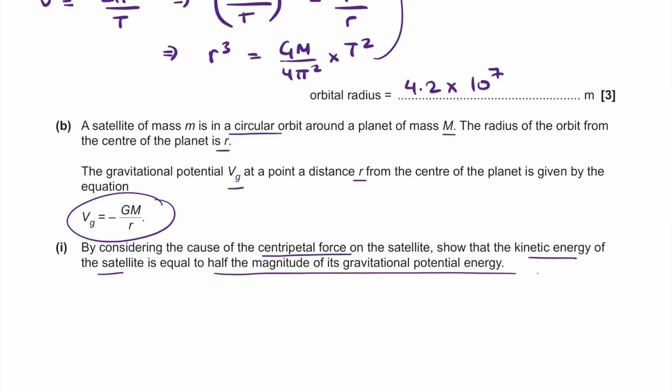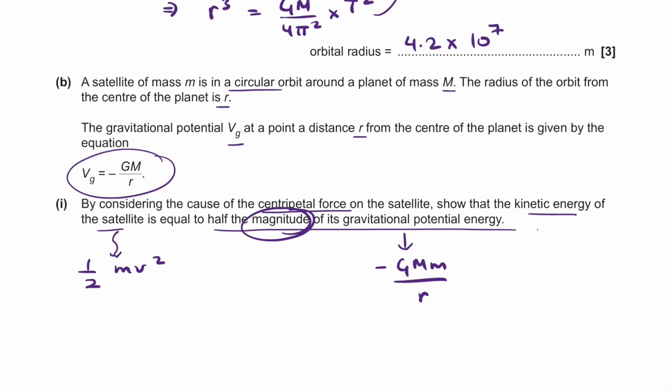So we know that gravitational potential energy is minus GMm over r. Now we can ignore the negative sign because it's just talking about the magnitude only. And we know that kinetic energy, generally speaking, is half mv squared. Now, v squared is GM over r, which is obtained simply by using the equation above.